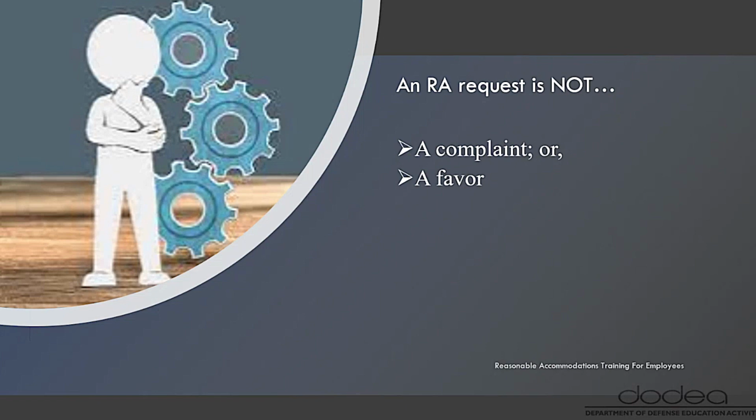The only wrinkle on that is it has to be a condition that you yourself have, right? Reasonable accommodations are for issues or injuries or disabilities that people come to work with, not that they incur while they're at work. That's workers' comp, right?